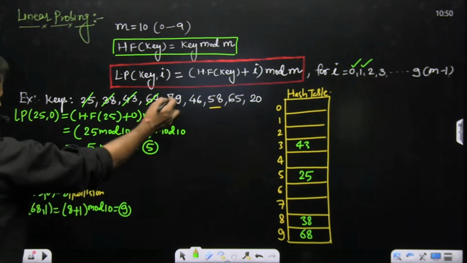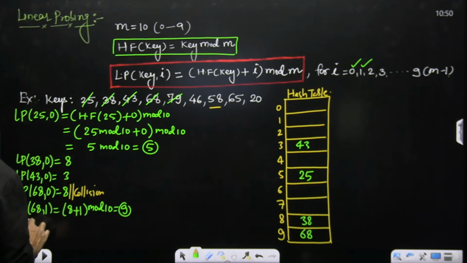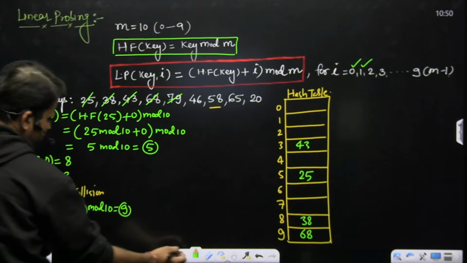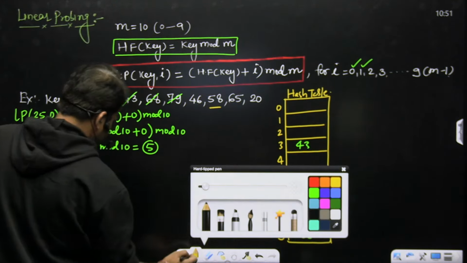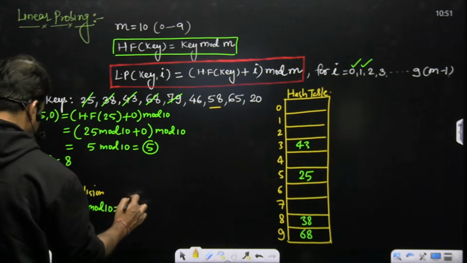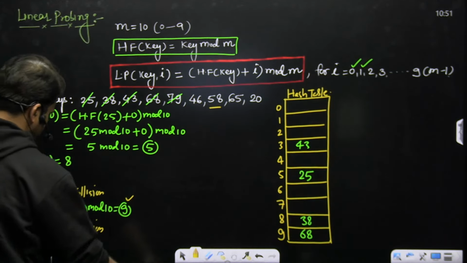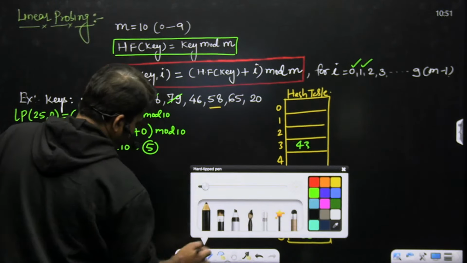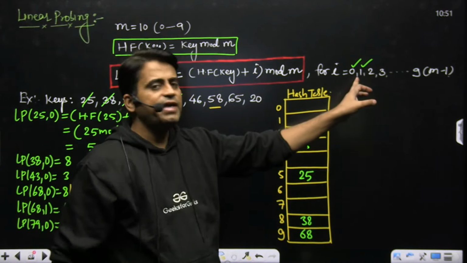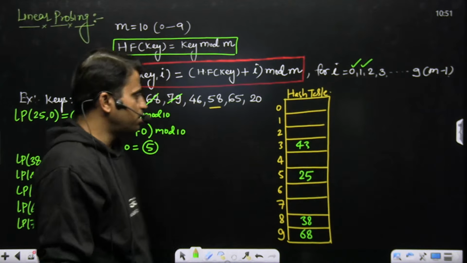Now next is 79. So this is 9. Sir, again here collision, student, because 9 is already stored here. So this is collision. And now how can we remove collision? कैसे करें बच्चे? I की वैल्यू चेंज कर दीजिए. Now I is 1.